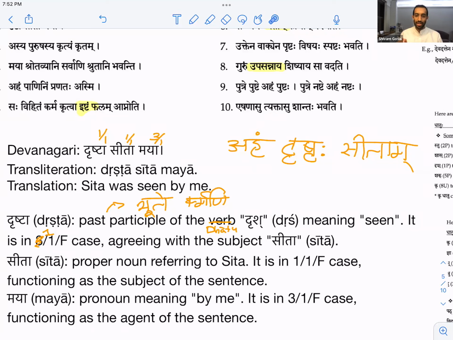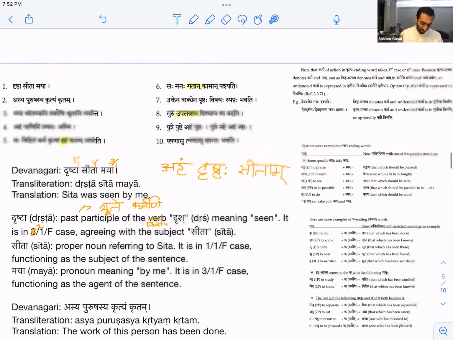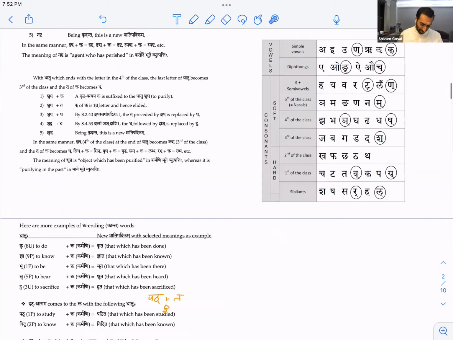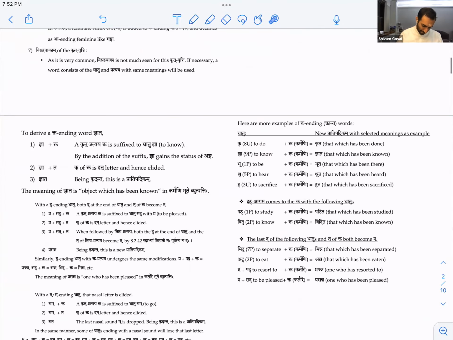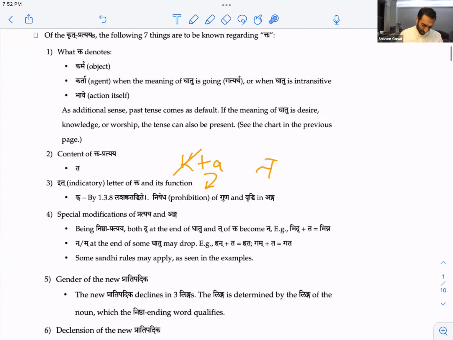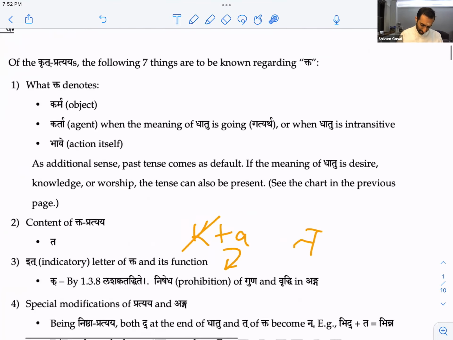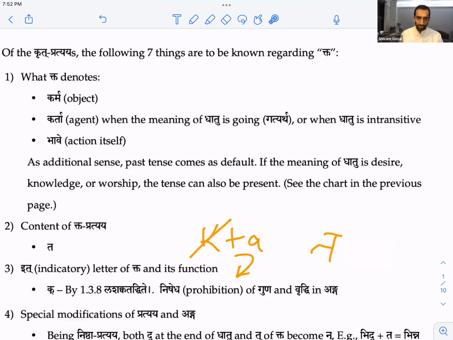So I, now, oh, wait, hold on, let me see. No, this won't work. It won't work because of one reason. Let me show you this. If you look at this, it can only be kartari when the meaning of the dhatu is gatyartha or akarmaka.